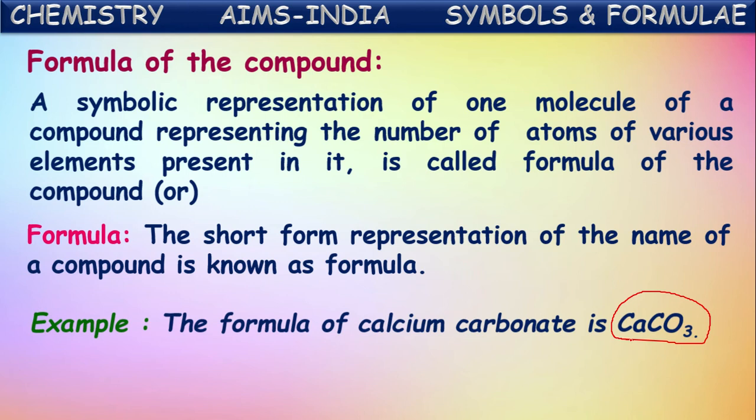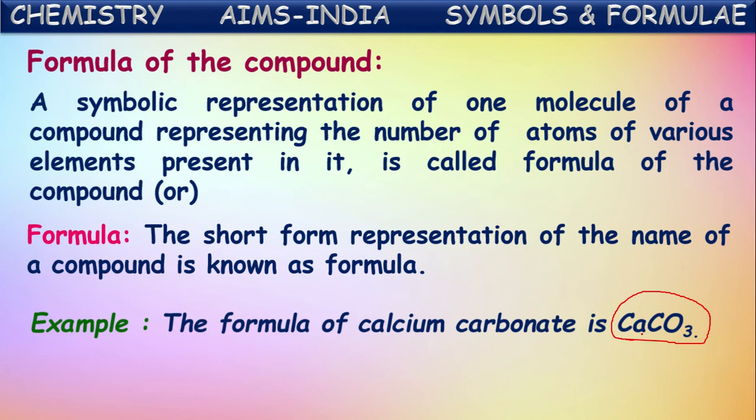Now this CaCO3 is a shorthand notation of calcium carbonate, and we can say CaCO3 is the chemical formula of calcium carbonate. It is the symbolic representation of calcium carbonate, and it represents the number of atoms of various elements present in it, isn't it?